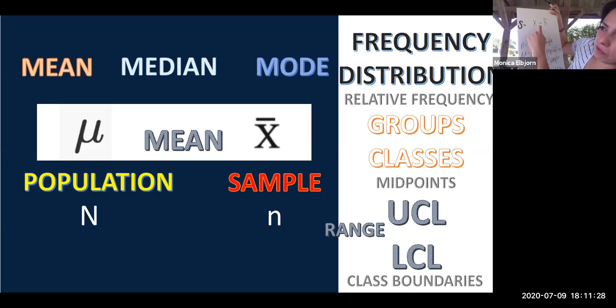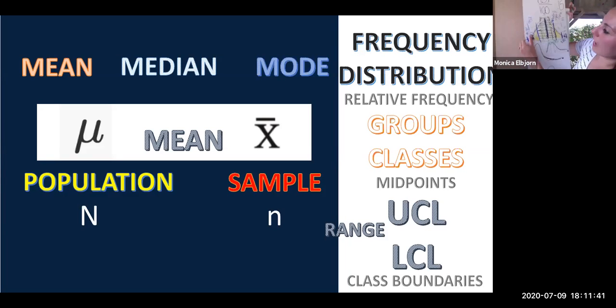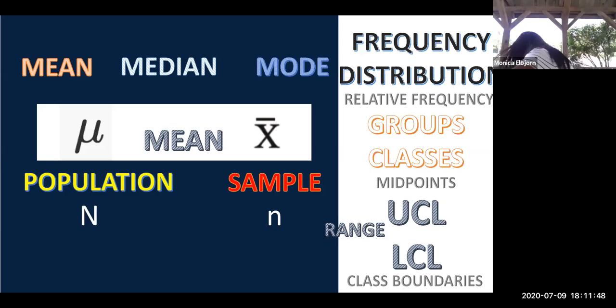So we said how far our data point was away from the mean. Remember we said, if this is the mean, how far is the data point from the mean?